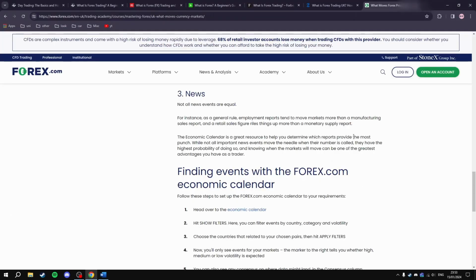The economic calendar is a great source to help you determine which reports provide the most punch.